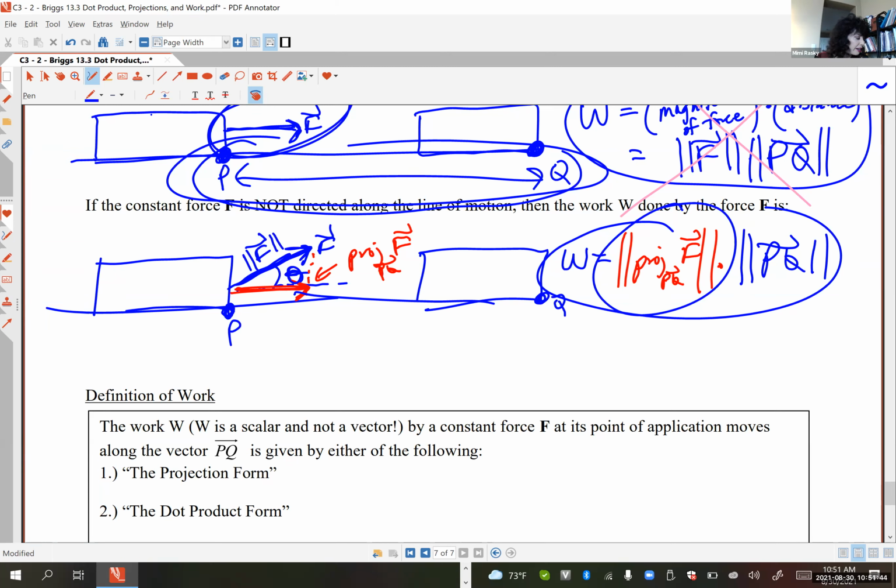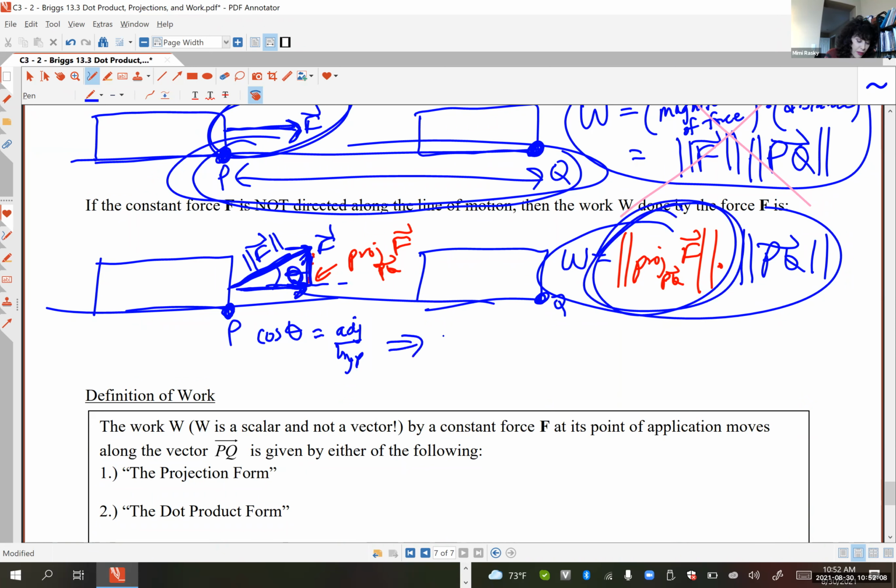But here's what you do have. You do have knowledge of trig. And trig says cosine of an angle is adjacent over hypotenuse, right? If I look at this right triangle, if I drop a vertical down from F to the horizontal there, the length of this adjacent side leg is exactly the magnitude of that projected vector.